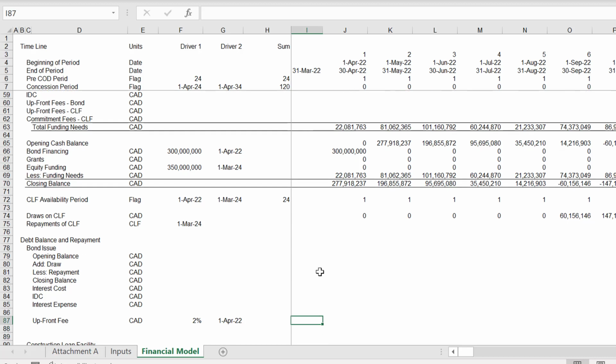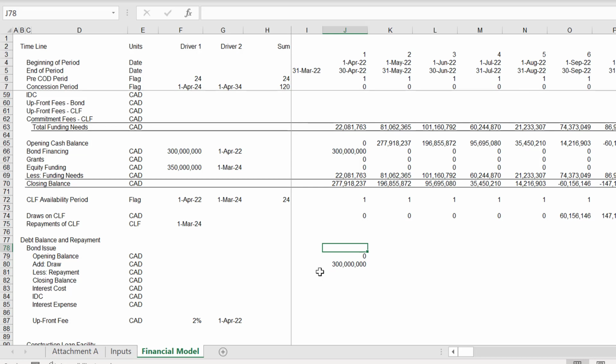I don't know what they're expecting here, really, but maybe they're expecting some kind of experience model or something like that. And let's put the opening balance equal the prior year closing balance.